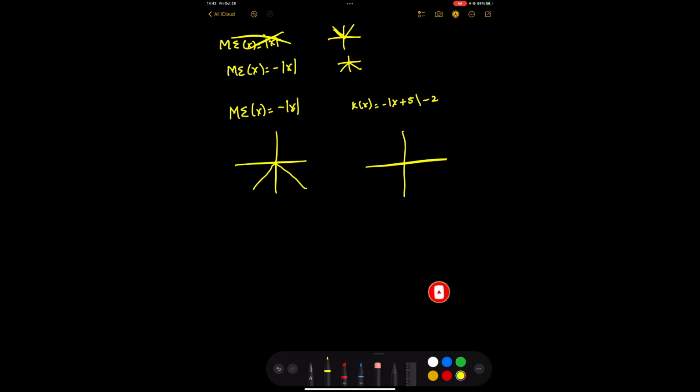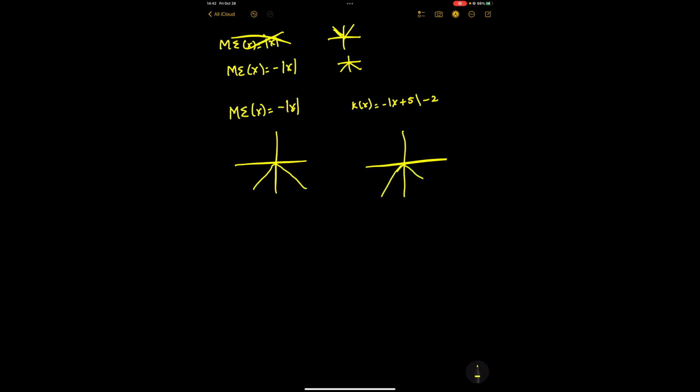First, we know that the negative absolute value of x looks like this, right? Now what we're gonna do is we're gonna do this side. So what will be the negative of the absolute value of x plus 5? Well, we know that 5 is inside the absolute value with x, right?